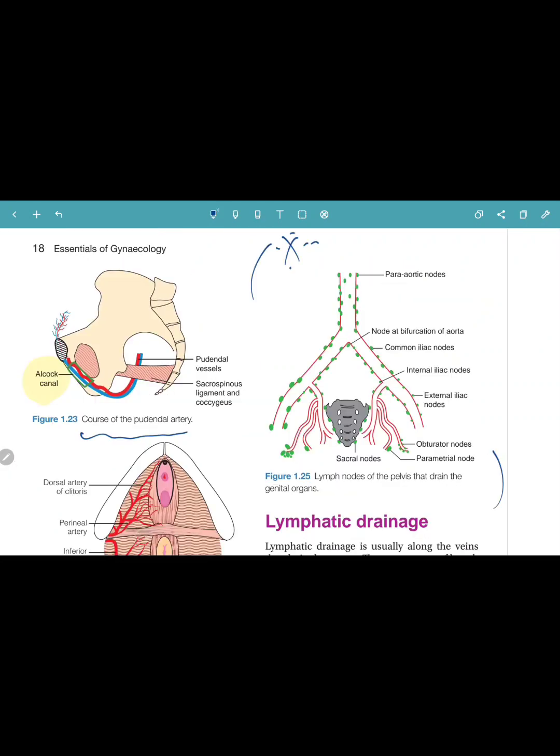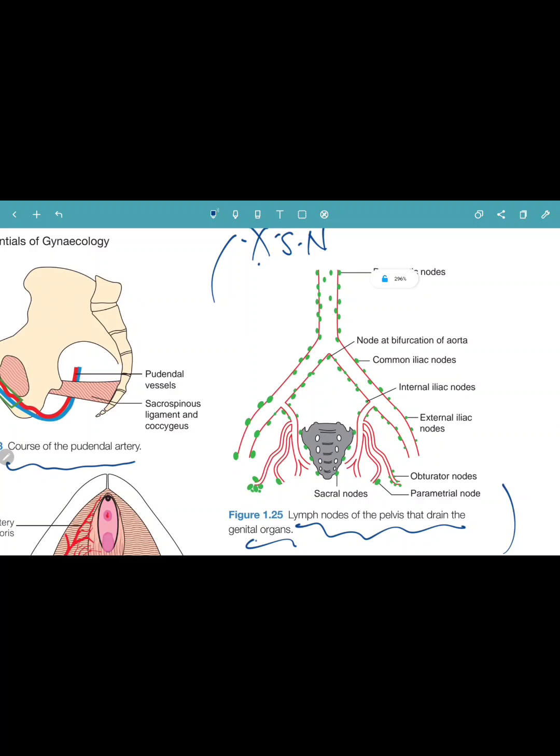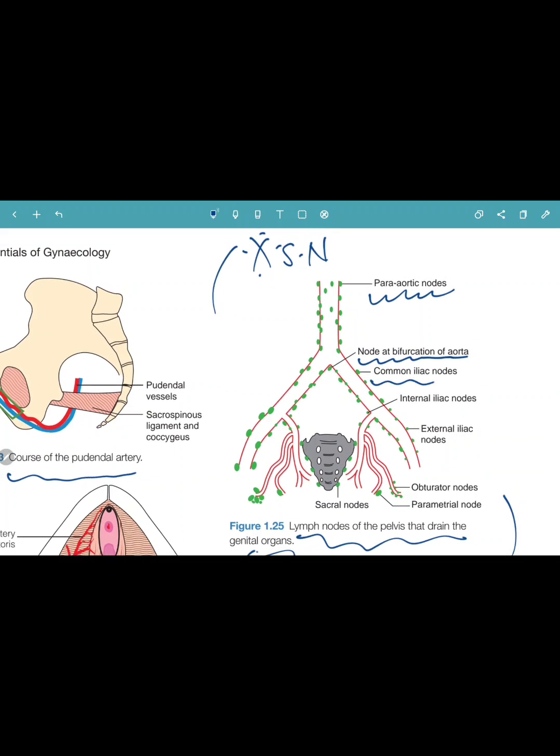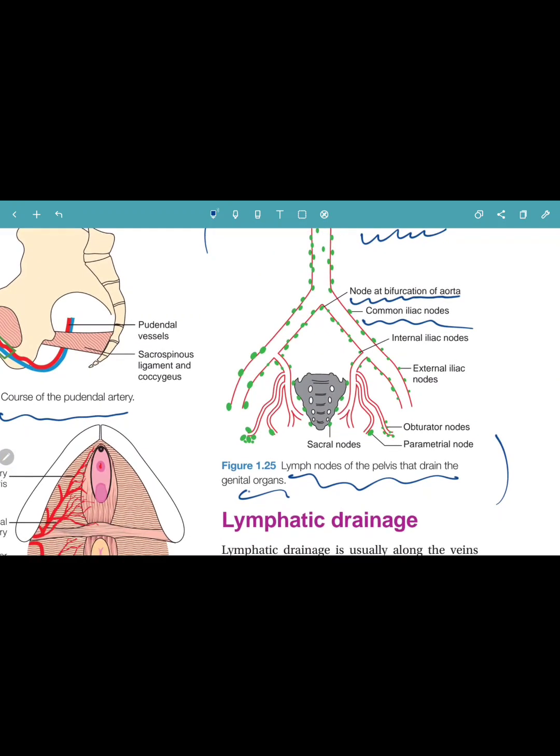Write a short note on the lymphatic drainage of the pelvis. Near the aorta you have your para-aortic nodes, and at the level of bifurcation of the aorta you have the node at the bifurcation of the aorta. In the common iliac artery you have your common iliac nodes, and then the common iliac artery divides into an external iliac and an internal iliac, so you have your internal iliac nodes and your external iliac nodes.